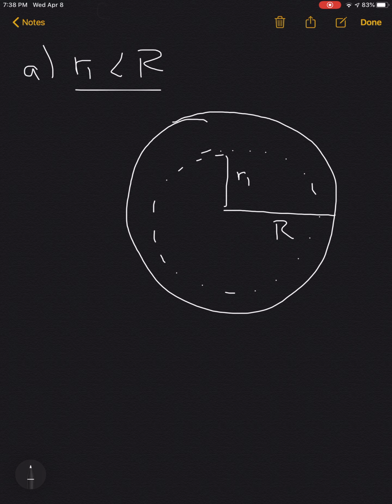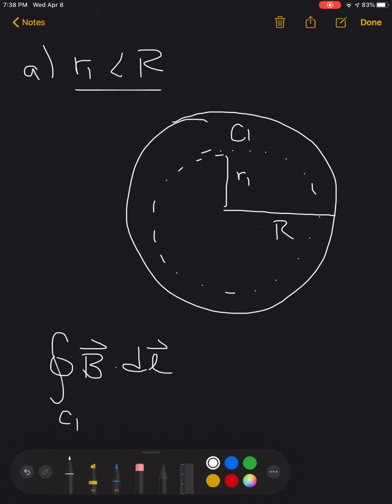Now what we can do is we can use Ampere's law, and let's call this loop C1, and Ampere's law is going to be the loop around C1 of B dot dl. Okay, so what is B and what is dl?